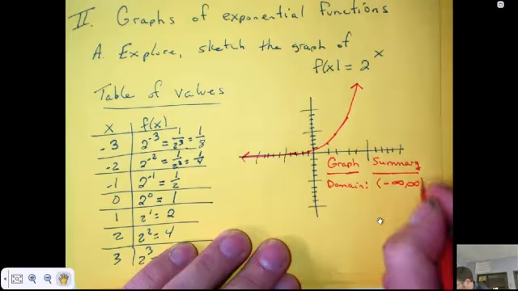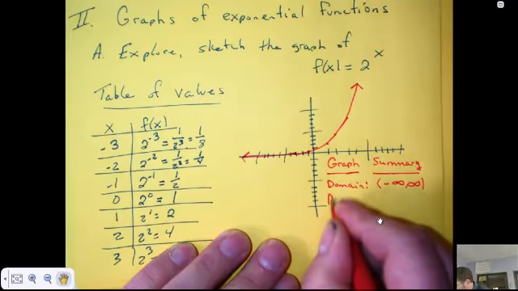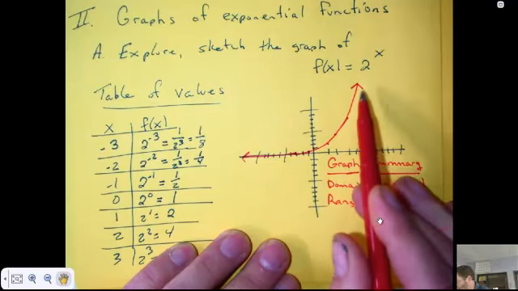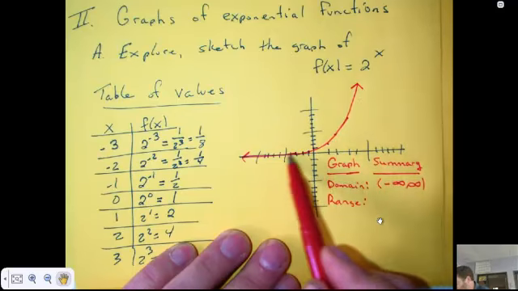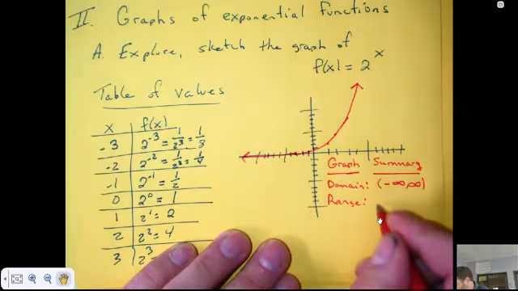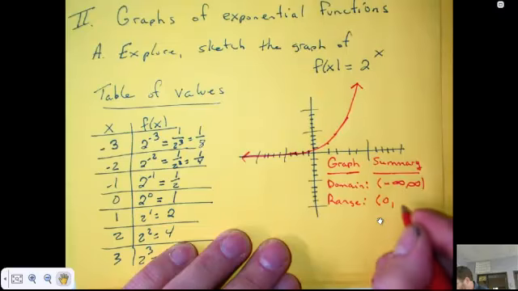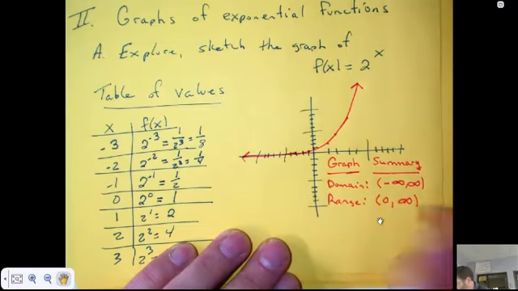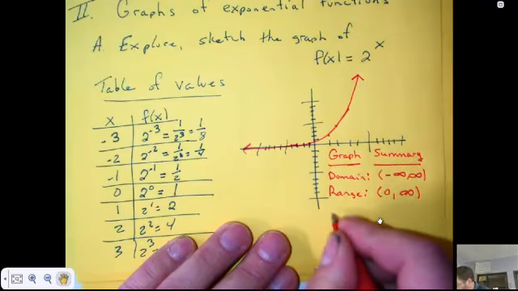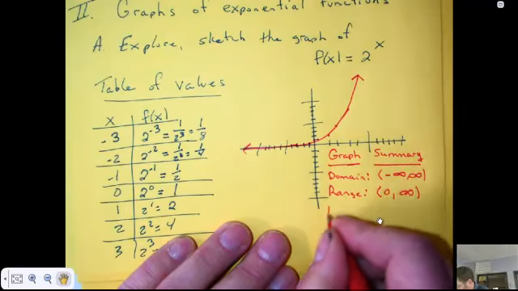That's all real numbers, negative infinity to infinity. But the range is not that way, is it? This graph gets infinitely close to the x-axis but never gets there. So the range starts at 0 and goes to infinity. We said it has a horizontal asymptote.